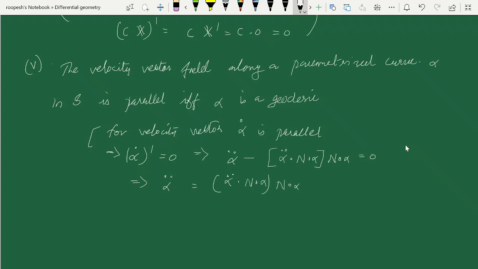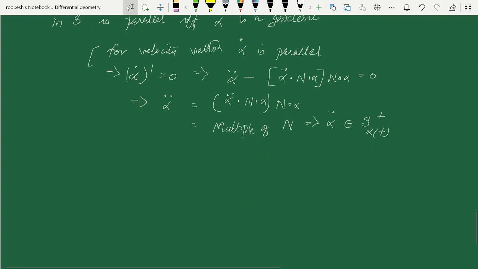That means this is a multiple of n, the normal one, or alpha double dot belongs to S at alpha of t, perp. So what is the meaning of that? This means that alpha is a geodesic.